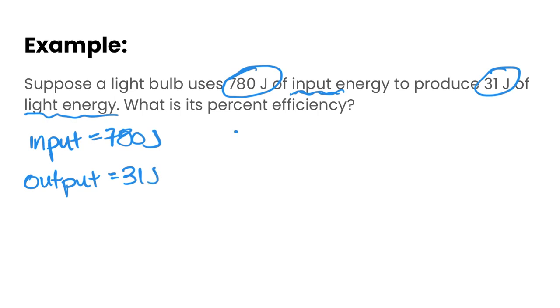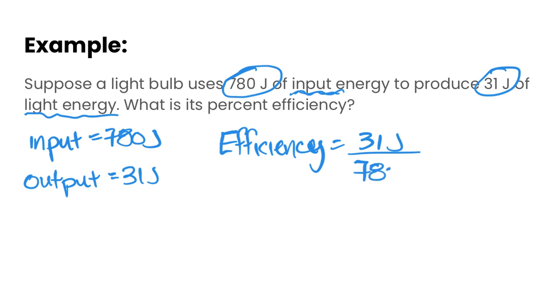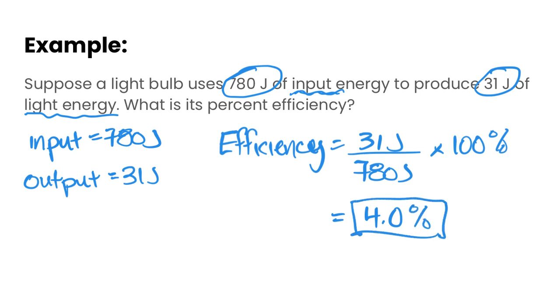To find the efficiency, we're going to take the output, which is 31 joules, over our input, which is 780 joules, multiply that by 100 to put it in a percent, and that gives us a percent efficiency of only 4.0%. So this is a pretty inefficient light bulb here.